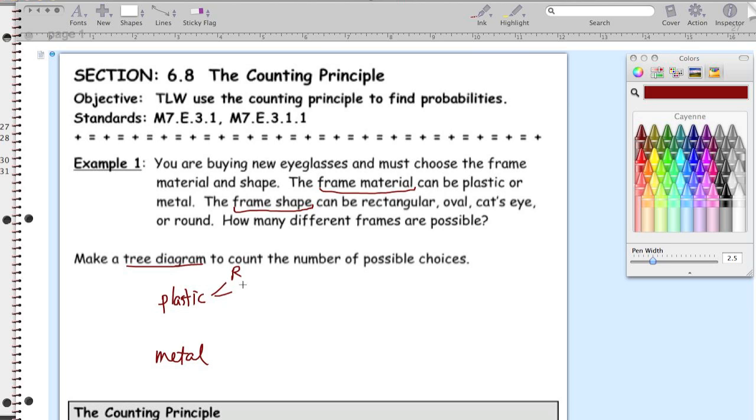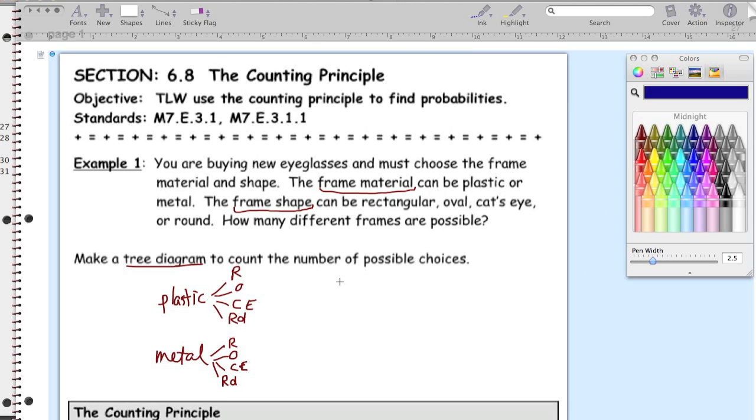And I'm going to abbreviate so that we know what they are. RD will be round. Okay, and the same would go for metal. You could choose a metal frame with a rectangular shape, an oval shape, a cat's eye shape, or a round shape.